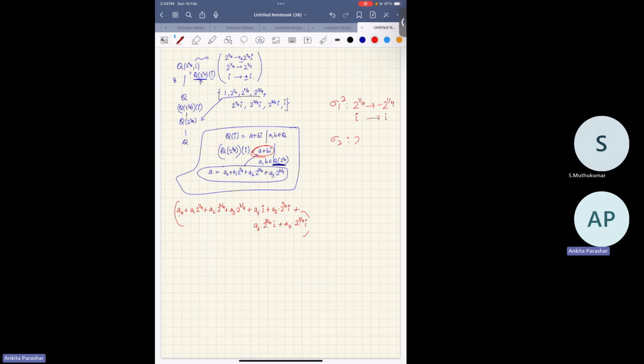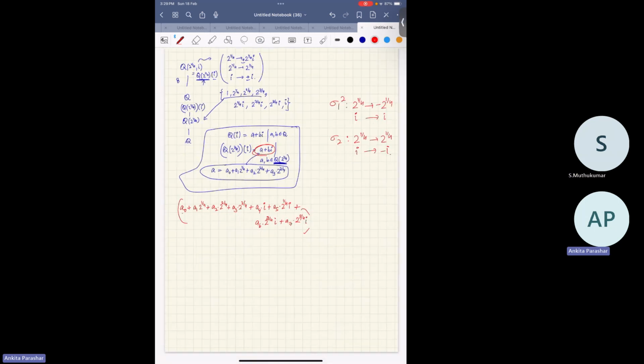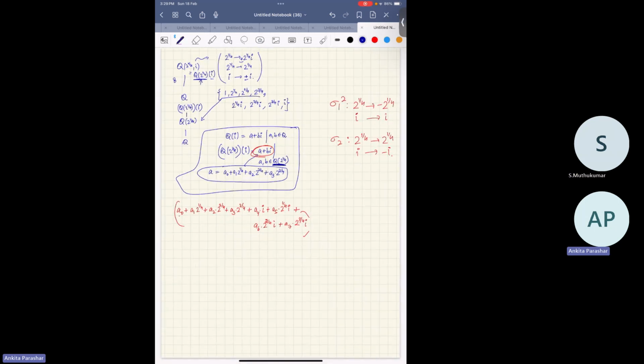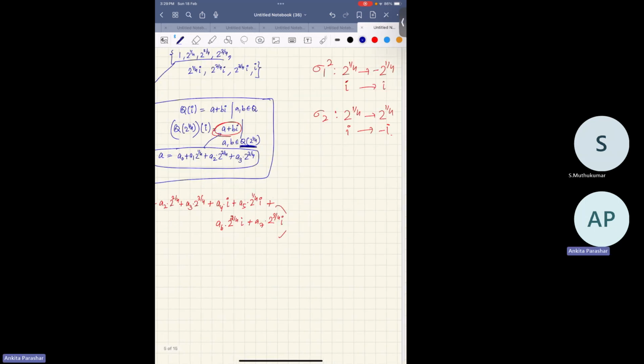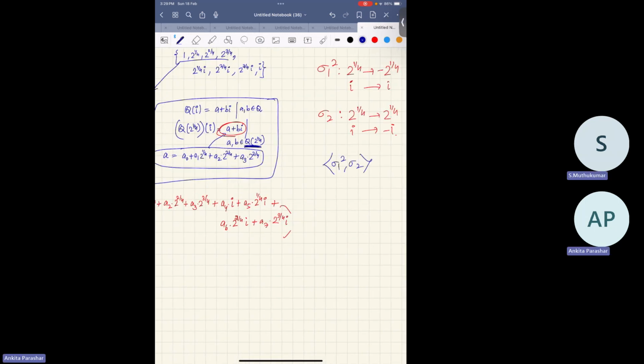And sigma 2 is 2 power 1 by 4 fixed but i going to minus i. Now let's check what are the elements which are being fixed by both. This is what we want, right? The fixed field by sigma 1 square and sigma 2. This is some subgroup H. We want the fixed field of H.